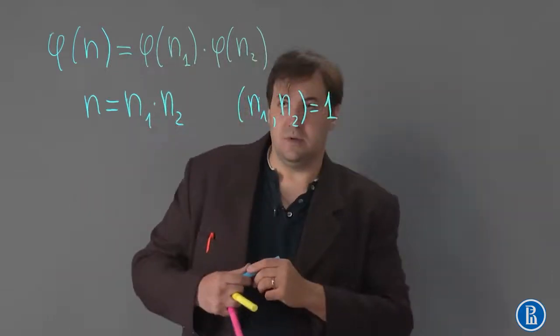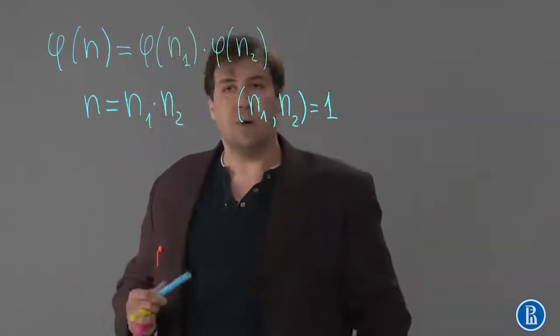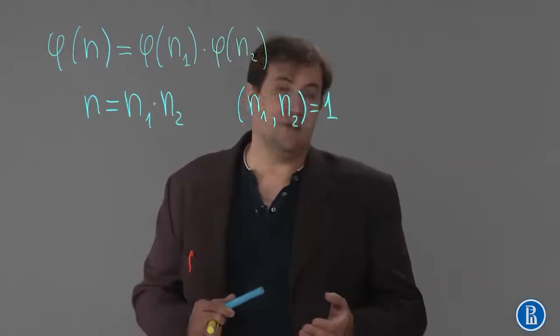You see that it's equal to Euler's function of n1 multiplied by Euler's function of n2.